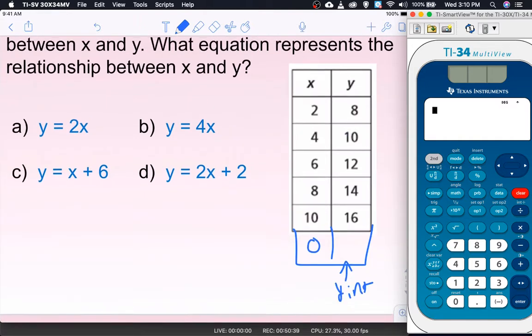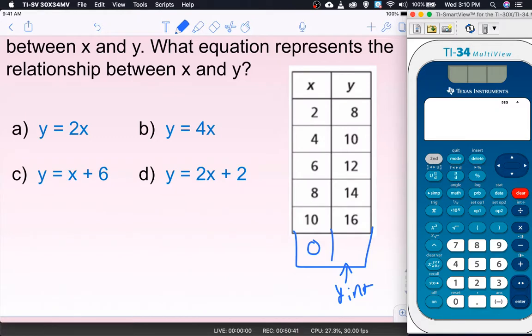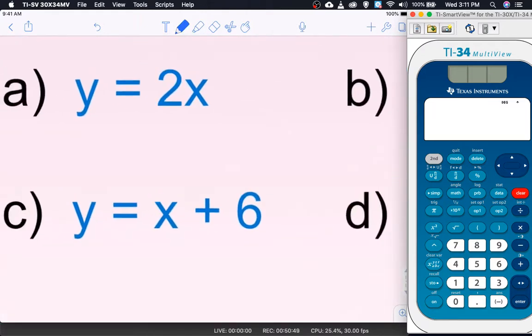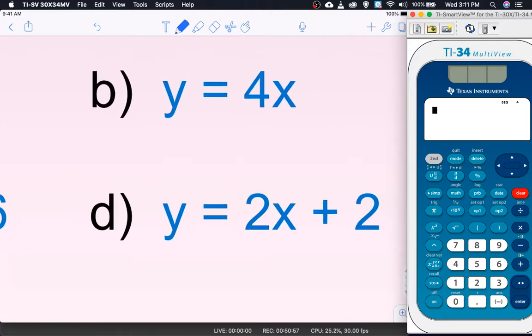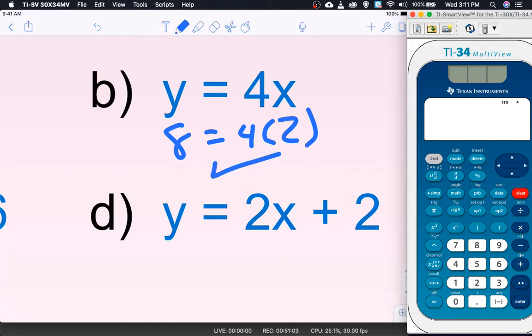But you could have used plugging in the points trick. If I plug in this point into each of the 4 equations, check this out. 2 for x, 8 for y. Is 2 times 2 equal to 8? No. 2 for x, 8 for y. Is 4 times 2 equal to 8? Yes.